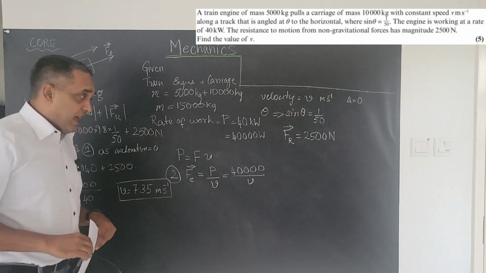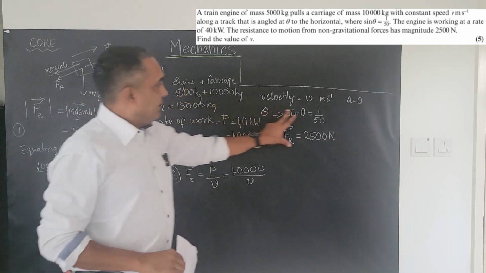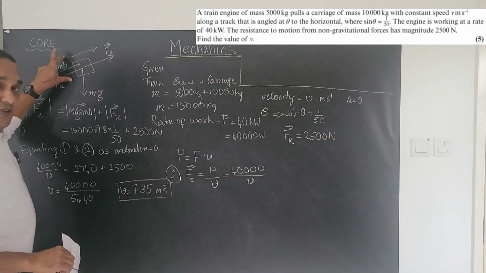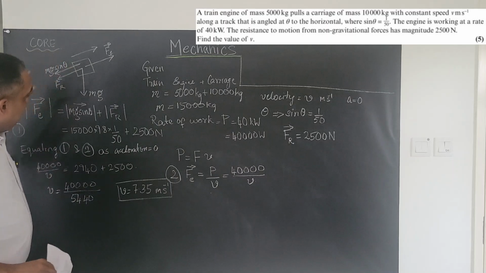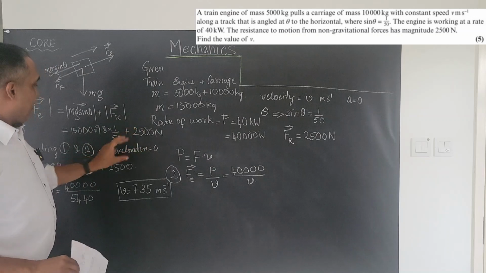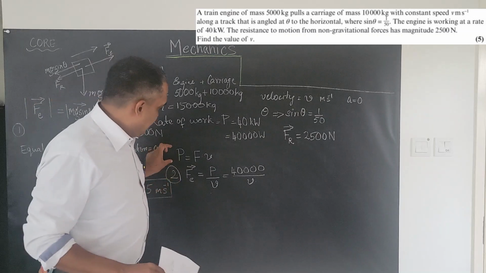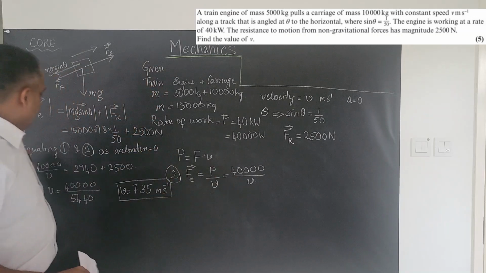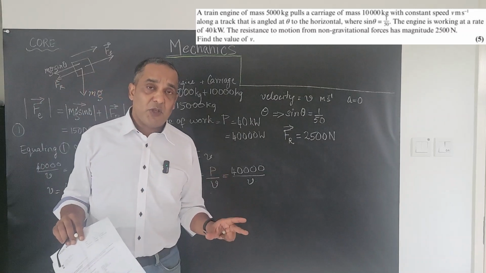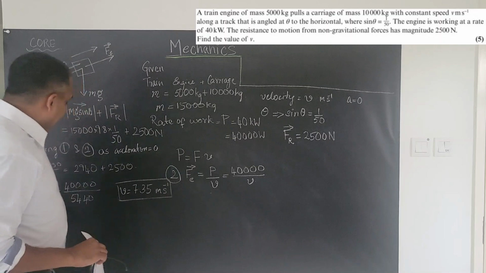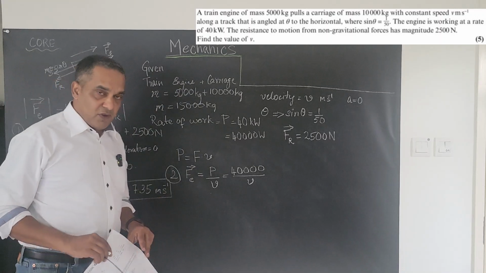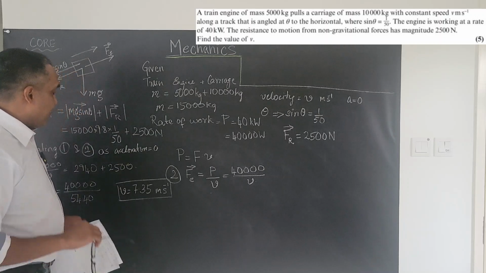So if you have this kept aside, if you've demonstrated this picture, if you've written out this equation, you've written out this equation, you've equated them, that means conceptually you've understood what's going on. Even if your calculation had a small error, they should give you part of the marks.